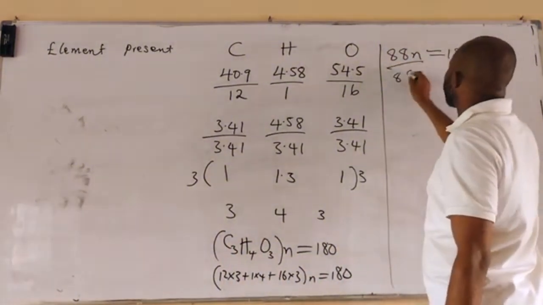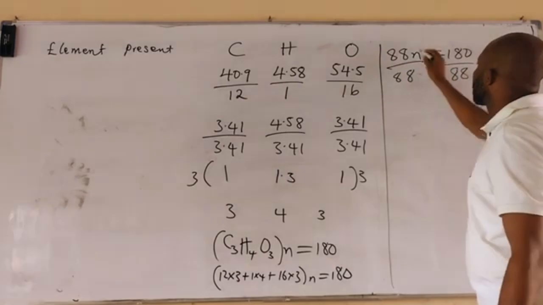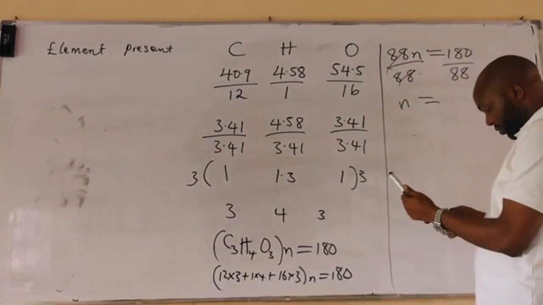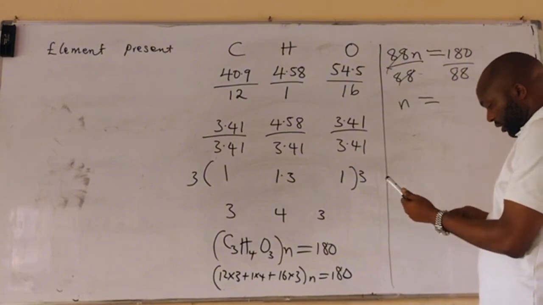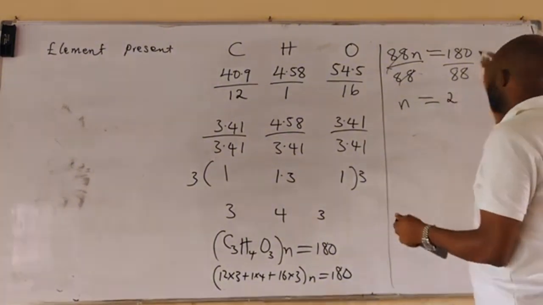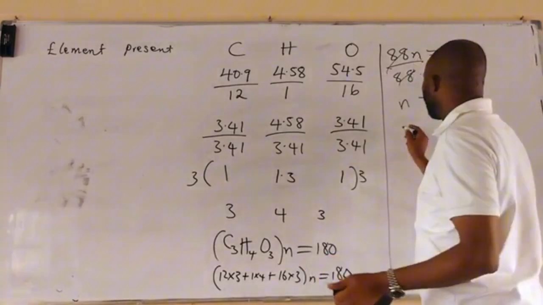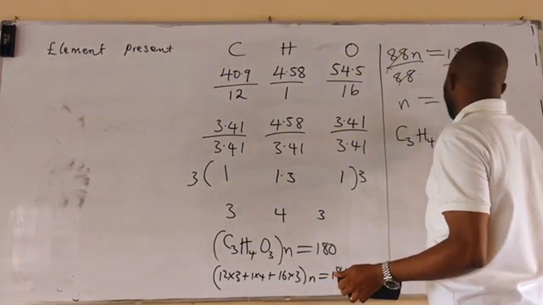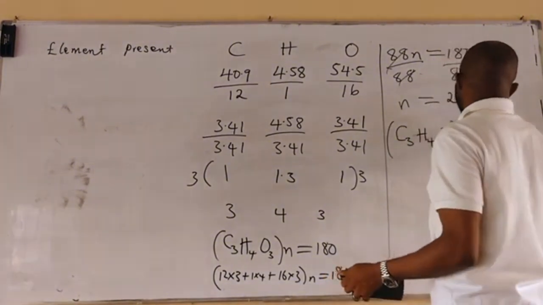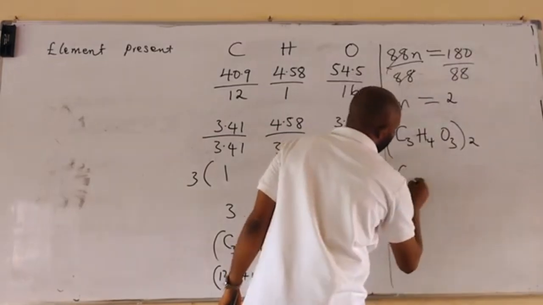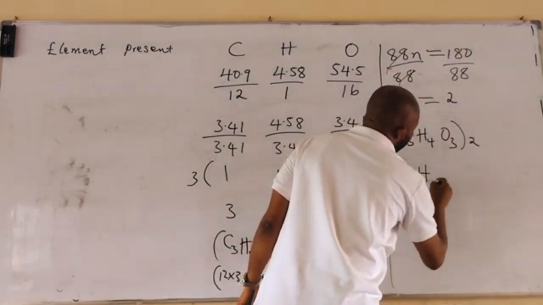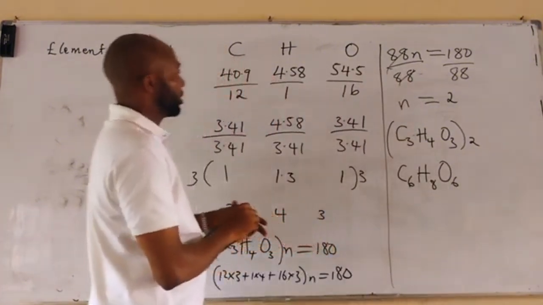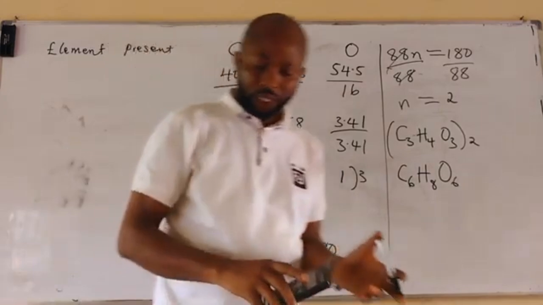Divide both sides by 88, and N is equal to 180 divided by 88, which is 2. So the molecular formula becomes C3H4O3 with 2 outside, which is C6H8O6. This is the molecular formula. Let's take another one.